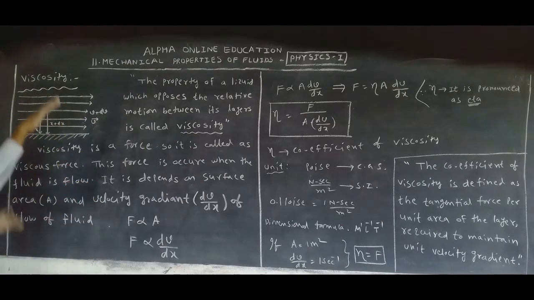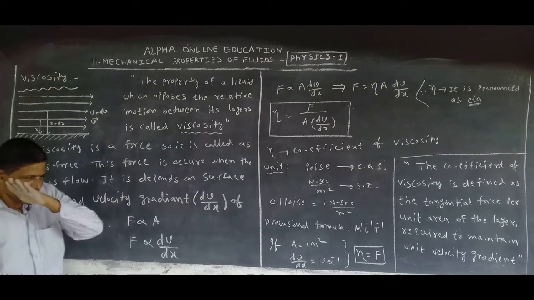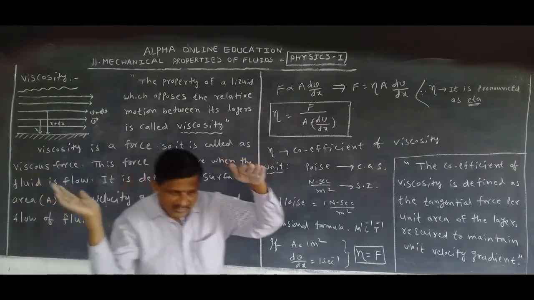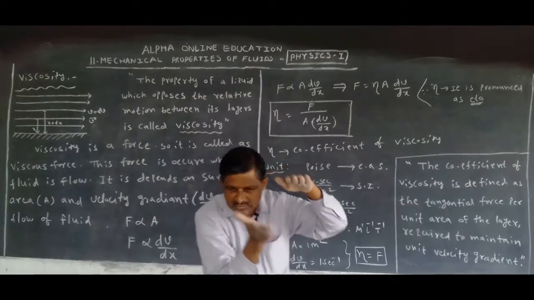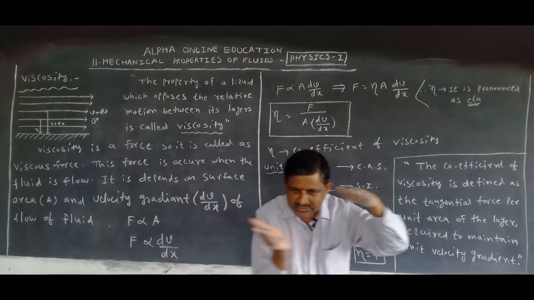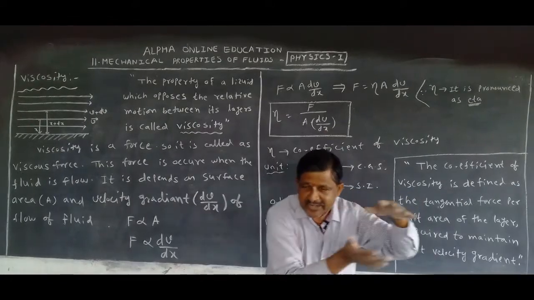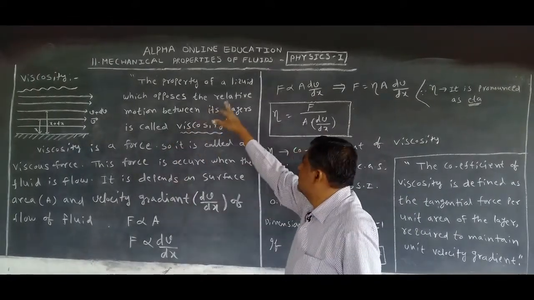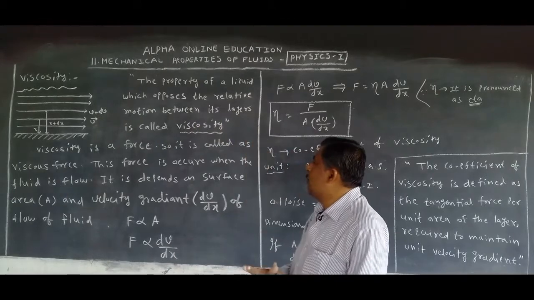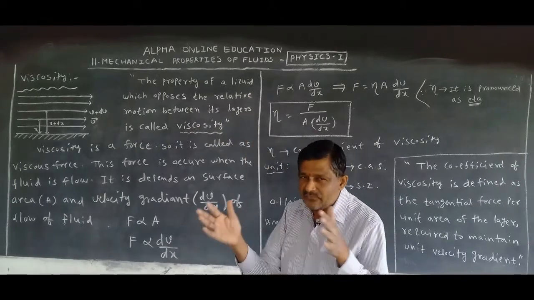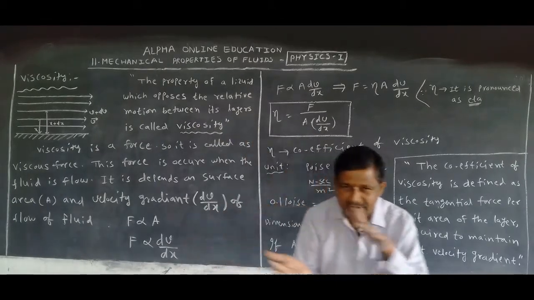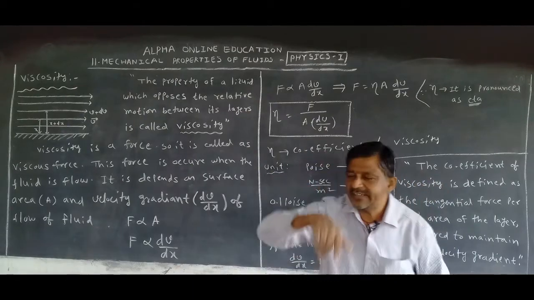Why? The upper layer moves, and the lower layers also move. Both are moving, which means there is a relative motion. In this relative motion, one force opposes. The force opposes the relative motion between any two layers.